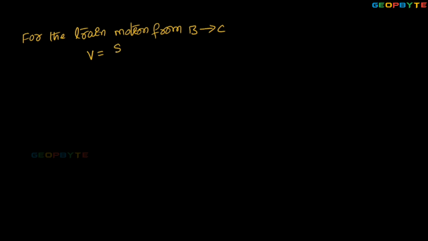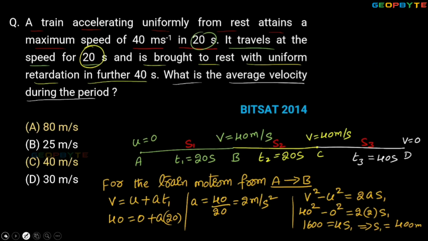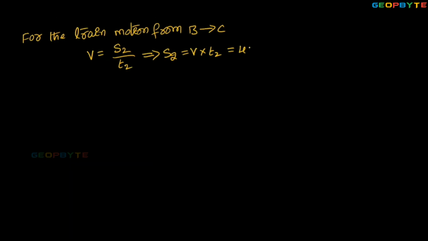The displacement is S2 we are marking, divided by time. From this, the distance from B to C equal to velocity multiplied by T2. Velocity of the train is 40 meter per second, into T2 which is 20. 40 multiplied by 20 is equal to 800 meters. So you got S2 equal to 800 meters.